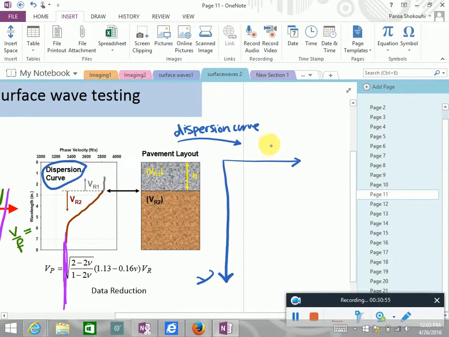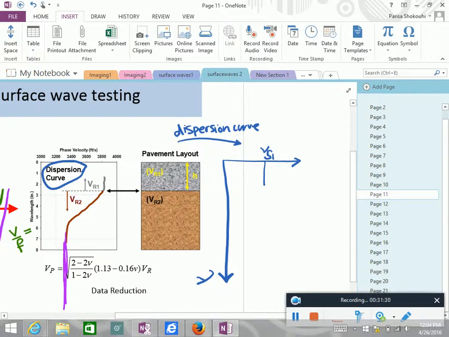your question. So now we have this assumption, we want to go to the dispersion curve. This is wavelength. Normally you do simulation, but let's say we don't, just conceptually. As long as the wavelength is smaller than the first layer thickness, which I have assumed in the profile, then I can say that the velocity will be Vs1, the shear wave velocity for layer 1.